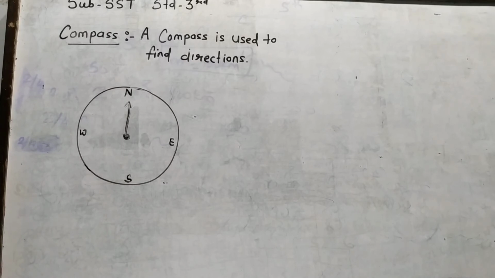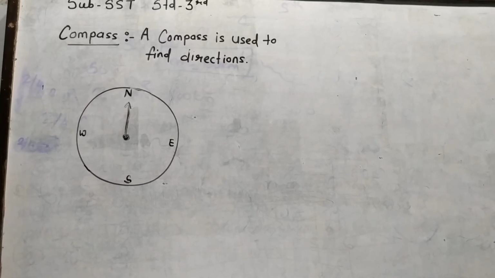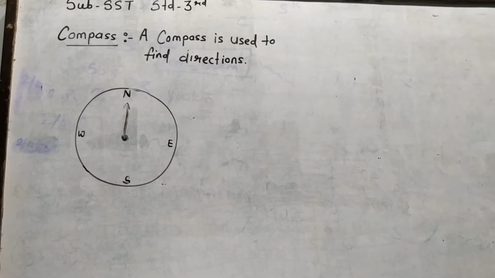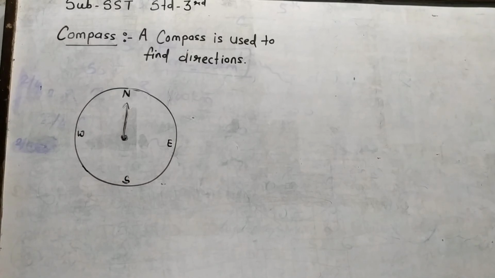And we have seen the types of maps: the small maps which we can easily carry with us while traveling to find any location or place, and the big maps, known as wall maps, which we can hang on the wall.